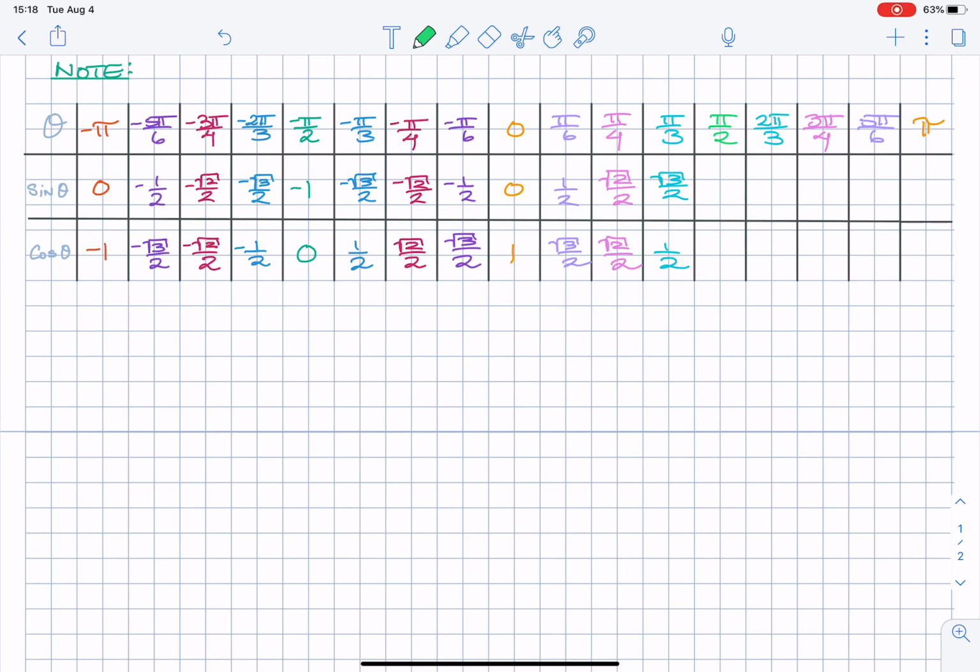At pi over 2, the y coordinate is 1, the x coordinate is 0. At 2 pi over 3, or 120 degrees, the y coordinate is √3 over 2, but the x coordinate is -1/2. At 3 pi over 4, the y coordinate is √2 over 2, the x coordinate is -√2 over 2.